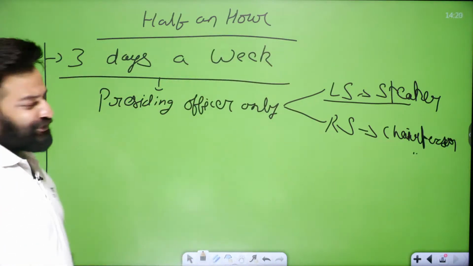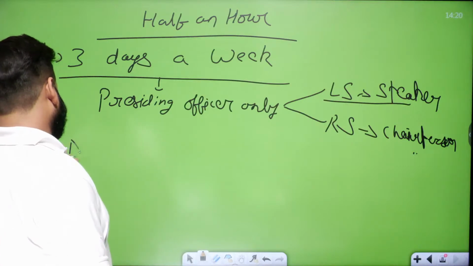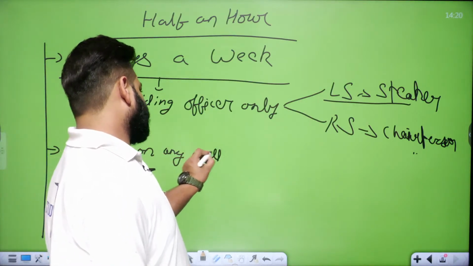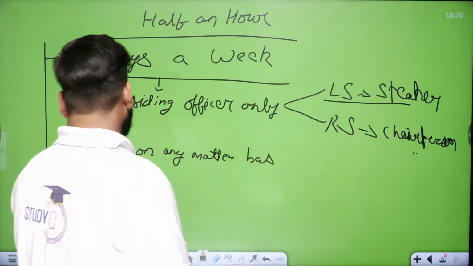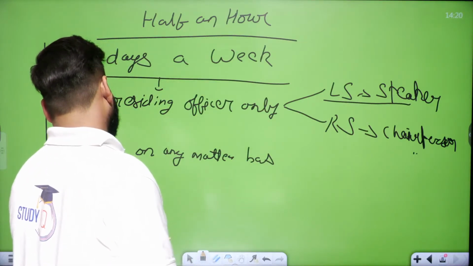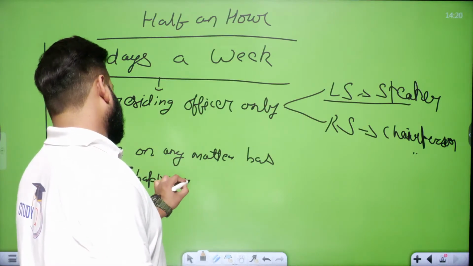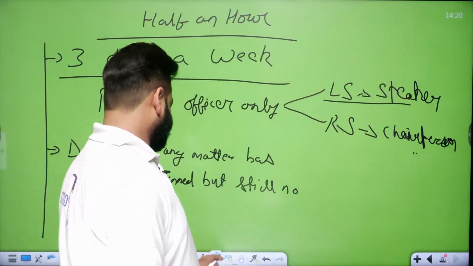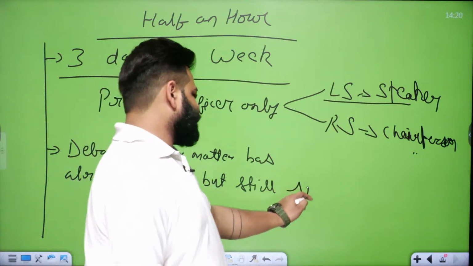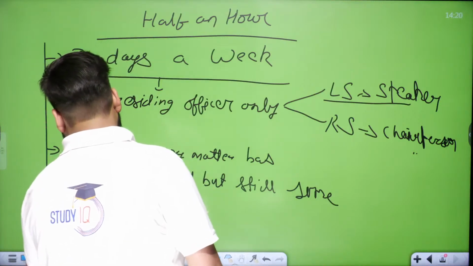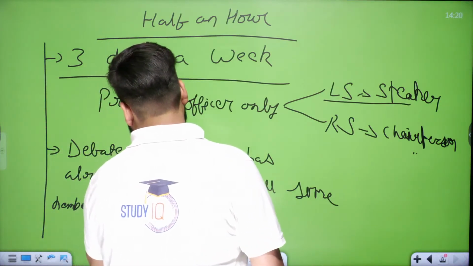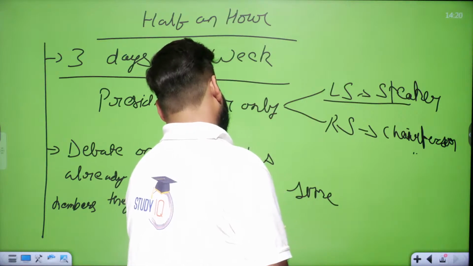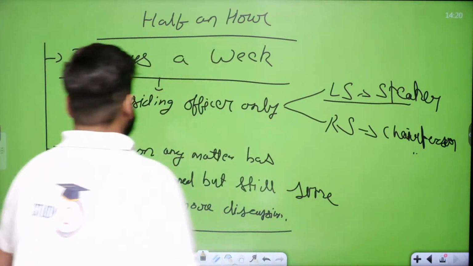Now, why is it held? When a particular debate on any matter has already happened, but still some members need more clarification or more discussion, then in that case this half an hour discussion can happen.